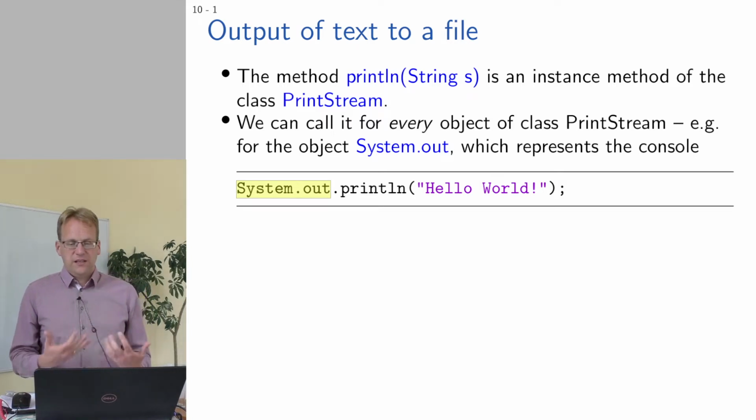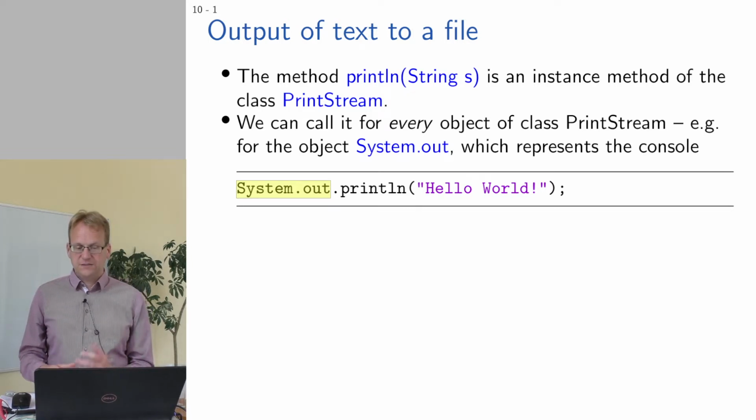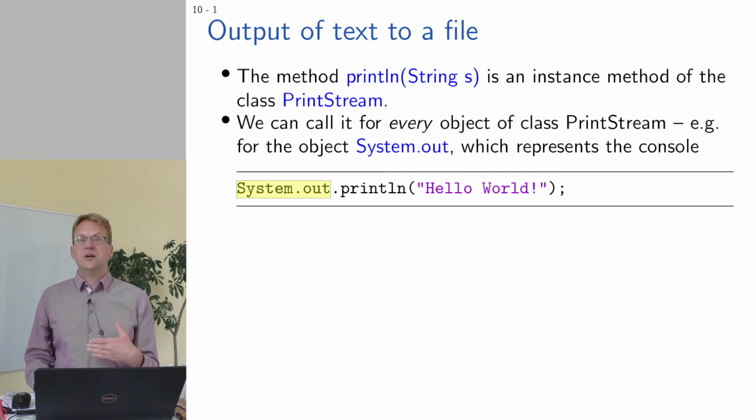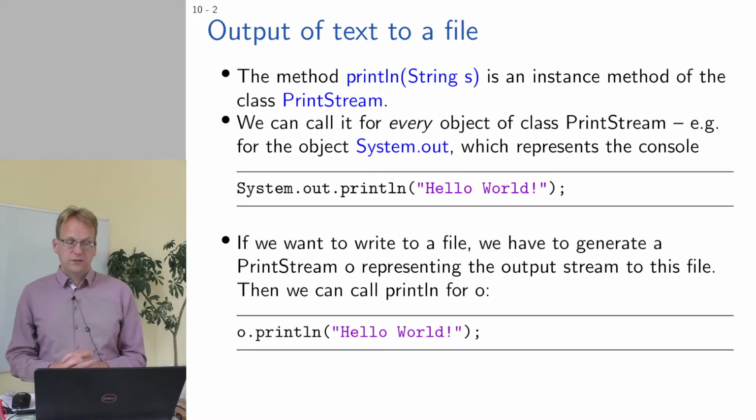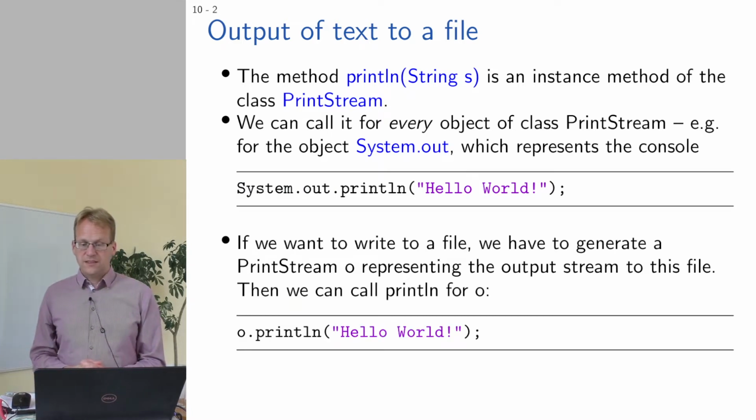So why am I talking about this println method? Well, the nice thing is that we can call this method also for other print streams, namely for print streams that are representing the output not to the console, but to a text file. And that's how we can write data to a file. So let's look at this example.